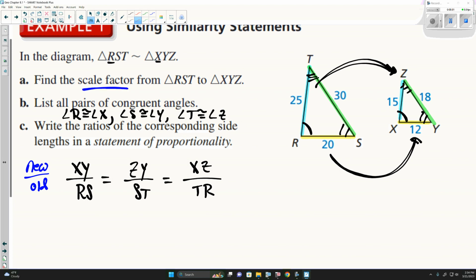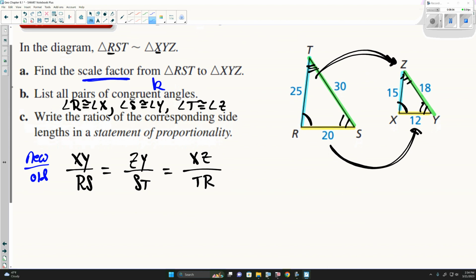No, we still need to find the scale factor, and we denote it as little k. Now, we could pick any of the side lengths and do their proportion. So as we were going to do earlier, 12 over 20 would be one of them. Will this reduce?